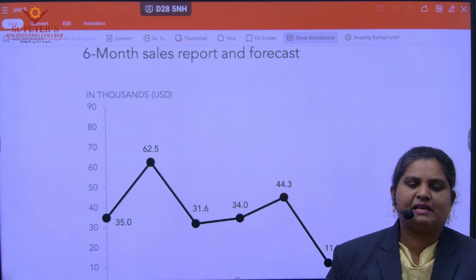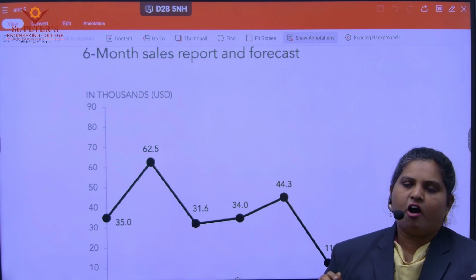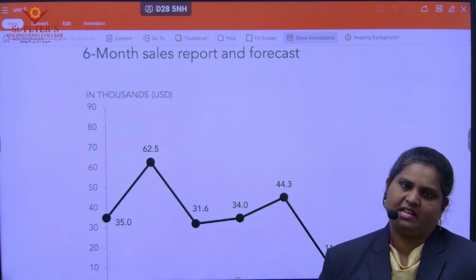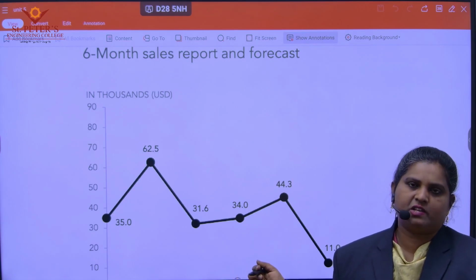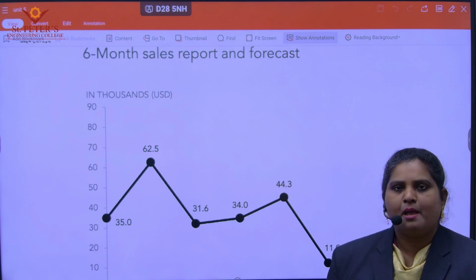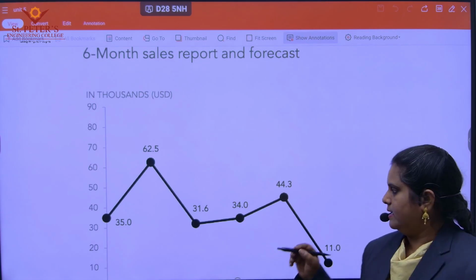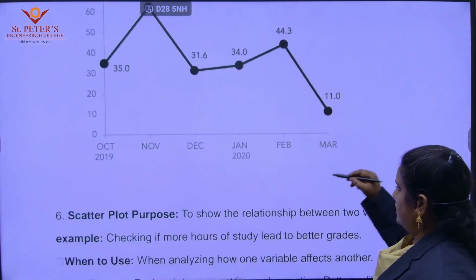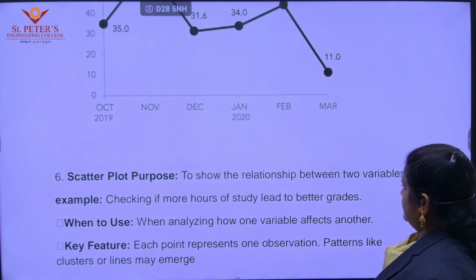So if I want to see the 6-month sales report information, or the temperature related information of a specific area, I can go for this line graph. Here a single line graph is shown now, and if you want, you can go for multiple lines, that means more than one line can also be used in this graph. And the next is that, too, for the month of October to March. Next is a scatter plot.